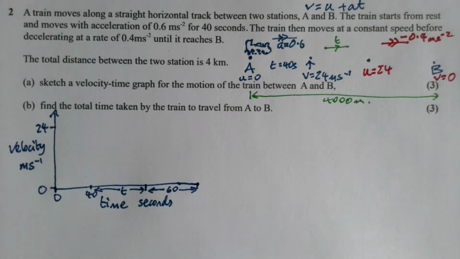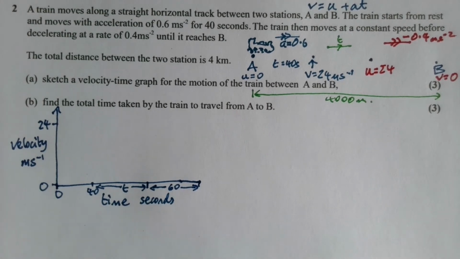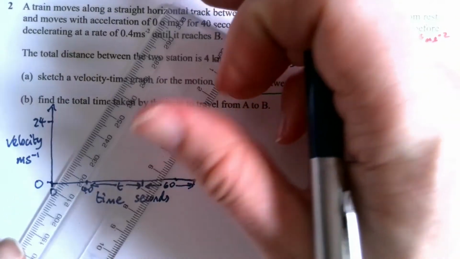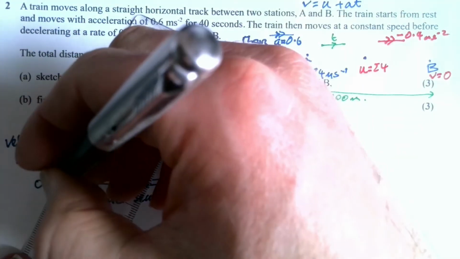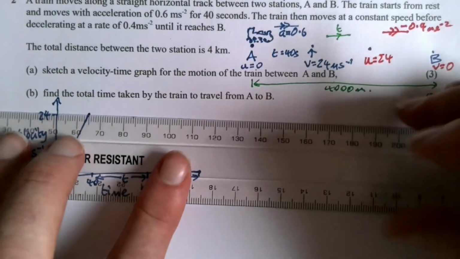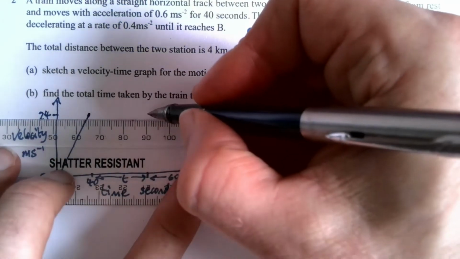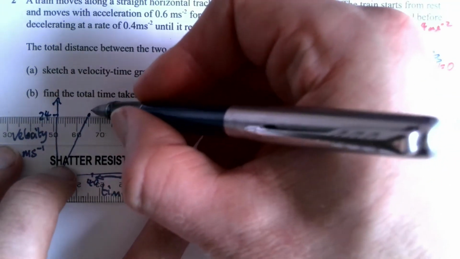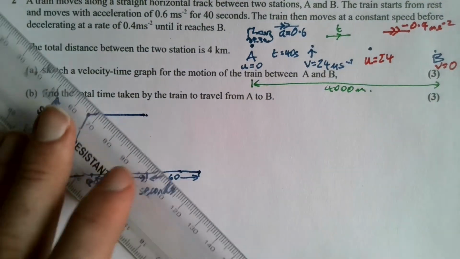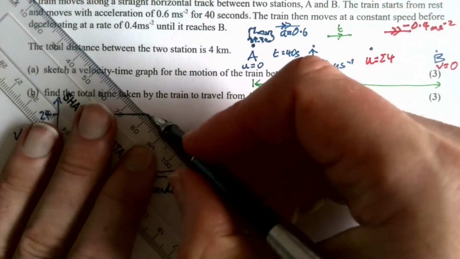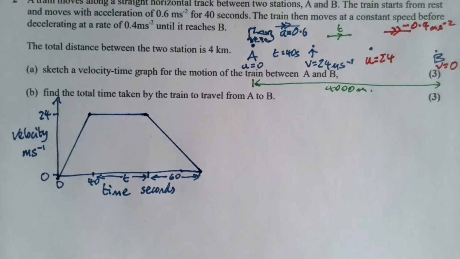And then we need to use straight lines to show this bit. Now it is sketching, so you can do it without a ruler, but it's quite a good idea just to be ultra safe on this. So going up to there, that's going to be constant, and then we're going to go down to there, and that's put everything on that we can do.